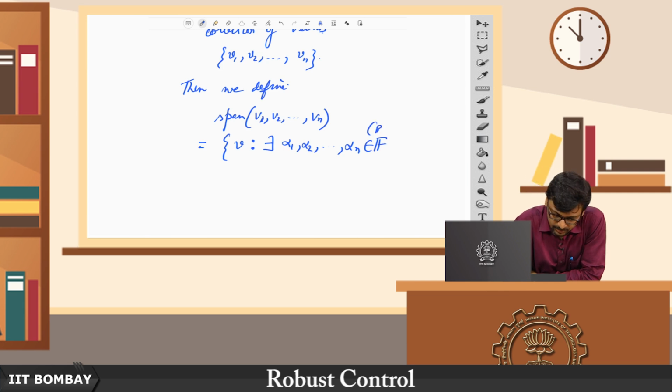Again, this could be in our case R or C, I cannot overemphasize this because we are not going to look for other sorts of fields, even though there are several such fields that can exist. For our purpose, it will either be R or C.